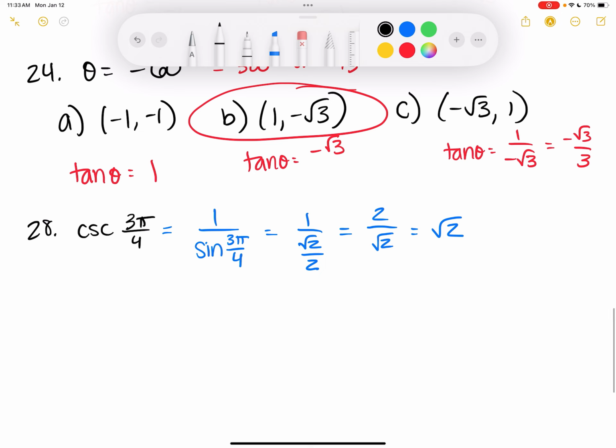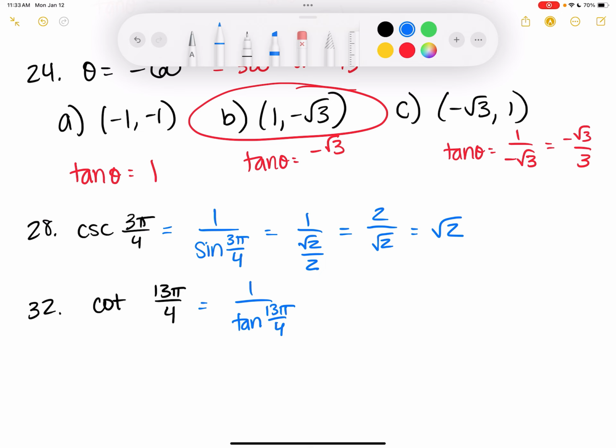32. Cotangent of 13 pi over 4. So, obviously we don't have cotangent, so I need to flip it to be tangent. So 1 over the tangent of 13 pi over 4. Now, is 13 pi over 4 directly on our unit circle? No. So I'm going to go all the way around and count this out.